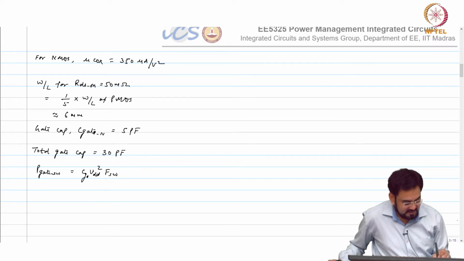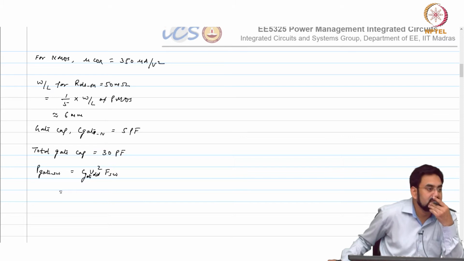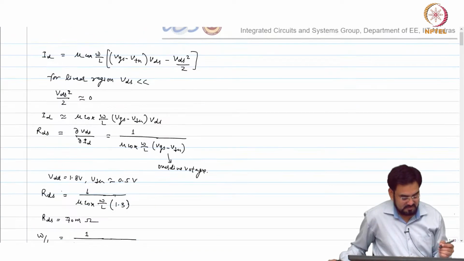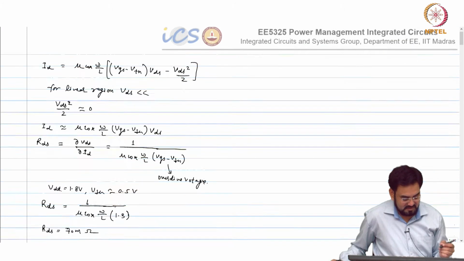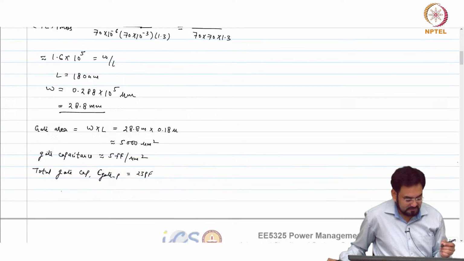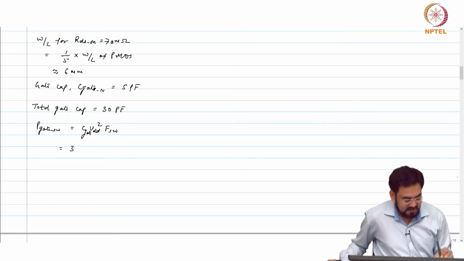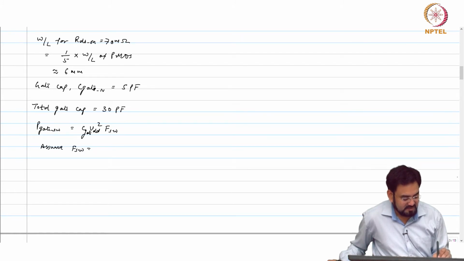This is nothing but C gate. 30 pico, let us say, and now assume FSW equal to 1 megahertz.